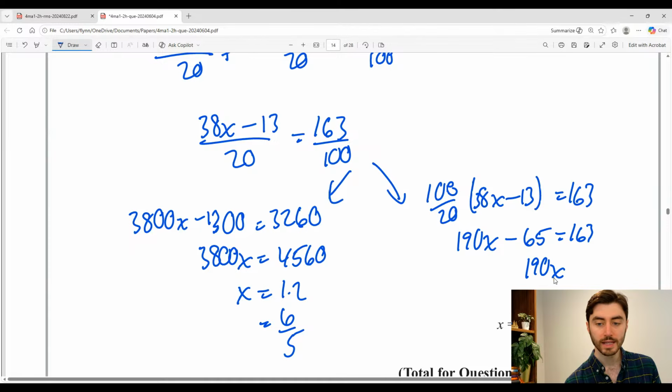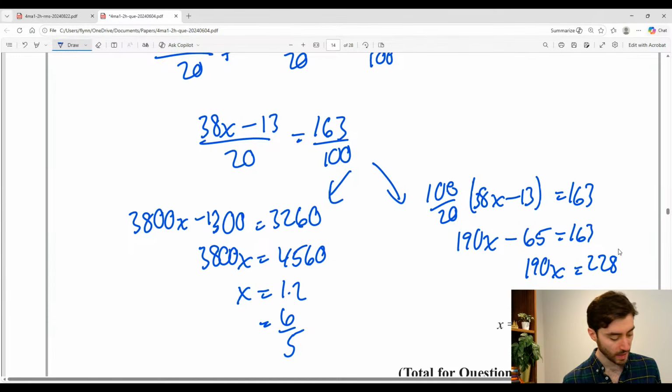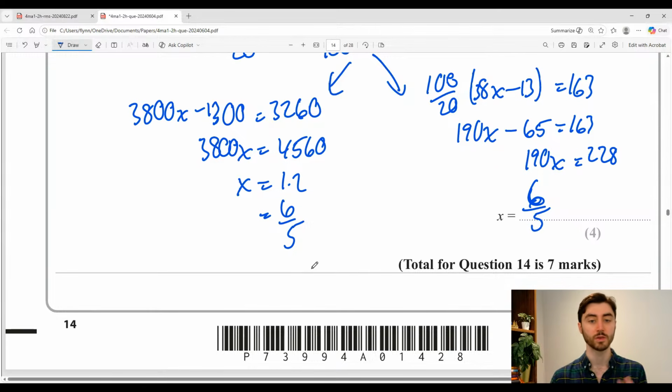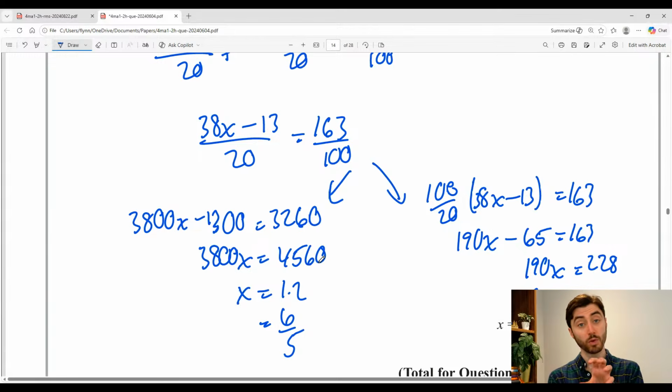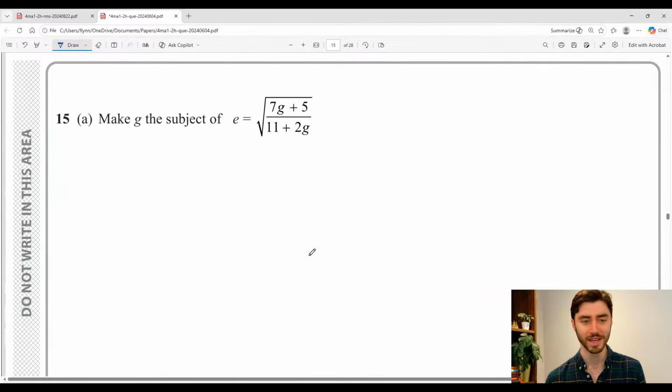So 190x is equal to 163 plus 65, which is 228. And if we divide that by 190, we once again get 6 over 5. So that's one thing you can do. If you're a more confident student, you can think about the number of ways you can solve it and see if you can come up with more efficient or elegant solution paths that impress yourself or an examiner.